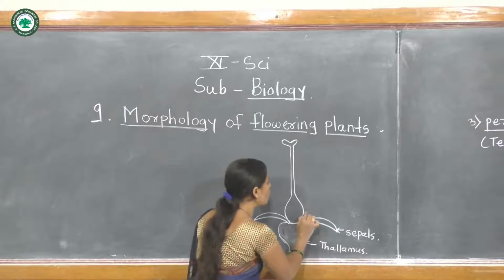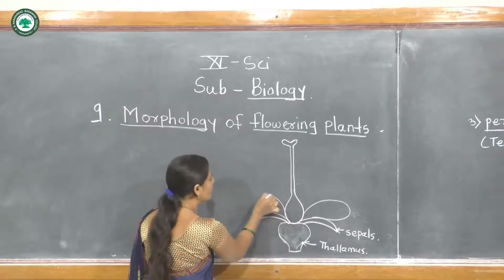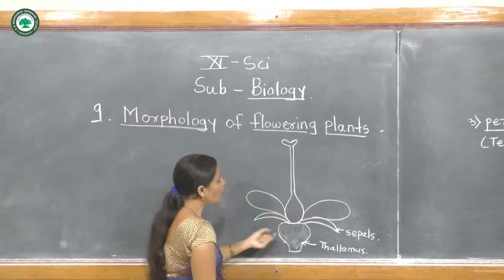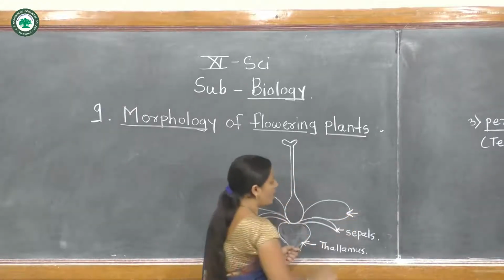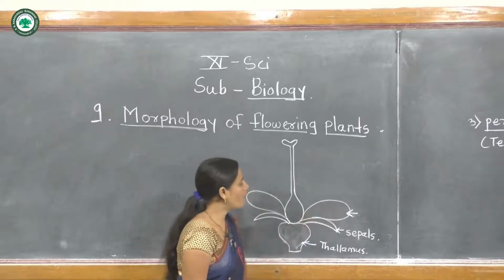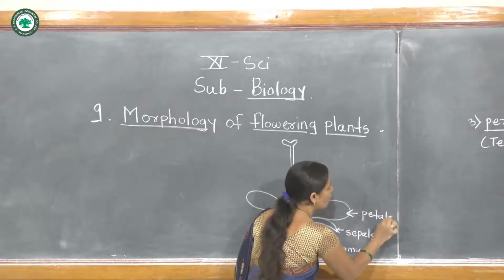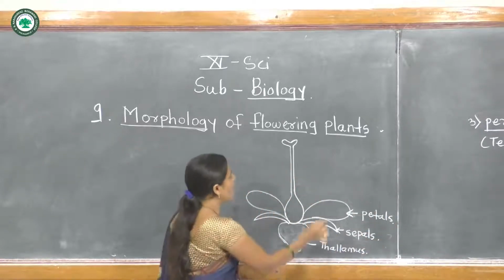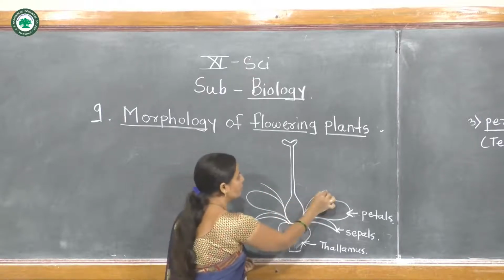The next floral whorl is the corolla. It is the attractive or colorful part of the flower, and individually the corolla is known as petals of the flower. The next part of the flower is the androecium.